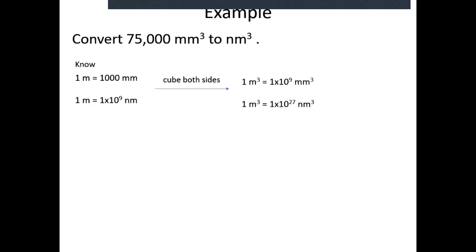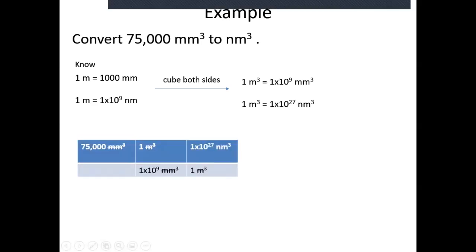So now when you cube a power, you have to multiply it by 3. So 10 to the 3 times 3 gives us 9. And 10 to the 9th, 9 times 3 gives us 27. So now that we have the conversion factors, we start with 75,000 millimeters cubed. When we convert to meters cubed, millimeter cubed is on the bottom, meter cubed on top. So that cancels out the millimeters cubed.